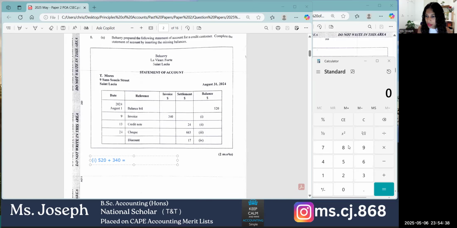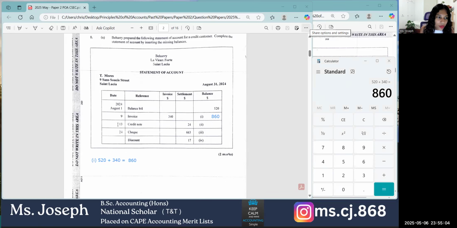Jump to the calculator. So we have 520 plus 340 equals 860. All right. This would be the accumulation of the money that is owed to us from the customer.